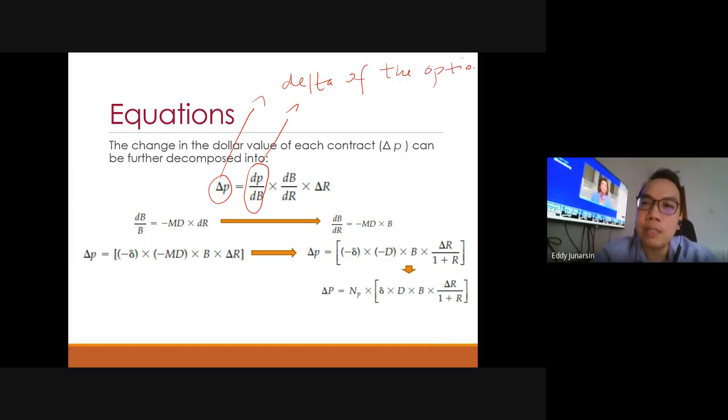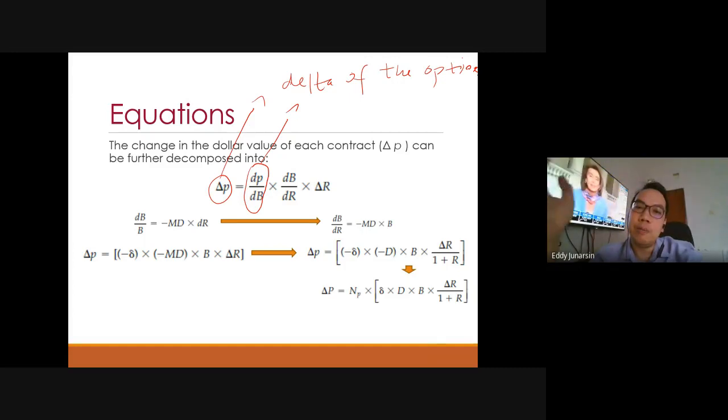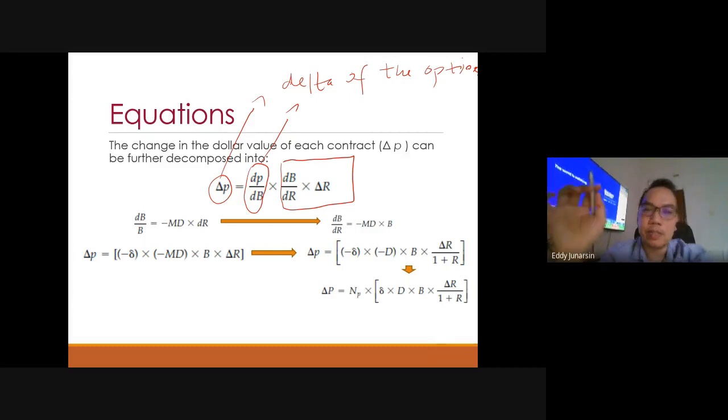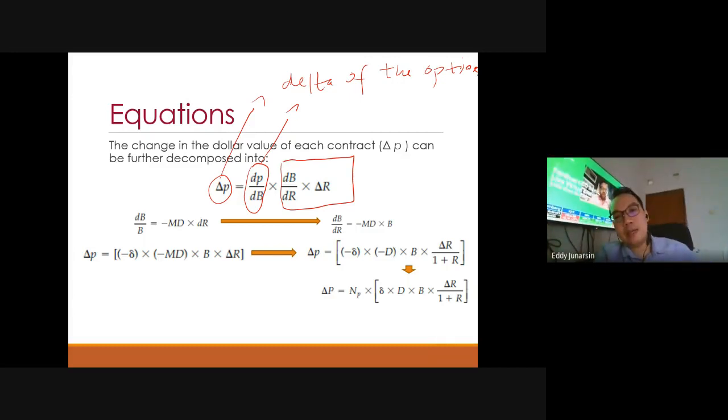Once again, this is the change in the option value per $1 change in the underlying bond value. And dB here is the underlying bond, not the bond portfolio that we have on our balance sheet.